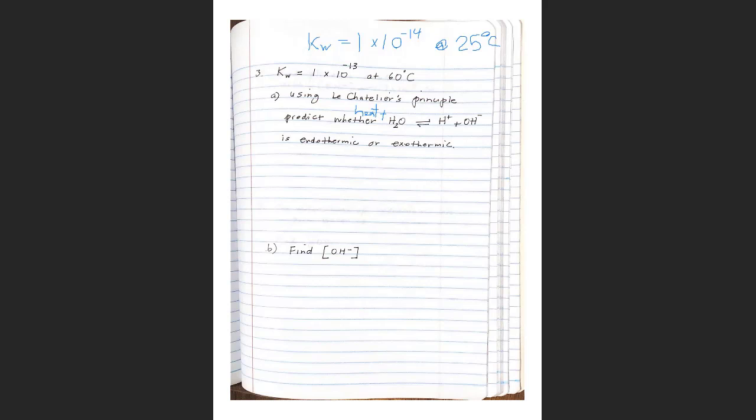So if I add heat, that's going to shift the whole thing over to the product side. Plus, it makes sense, in a way, albeit it's going to be a lot of heat. You need to apply some sort of energy to separate the hydrogen and the hydroxide ions.